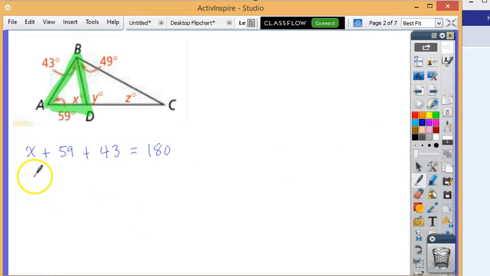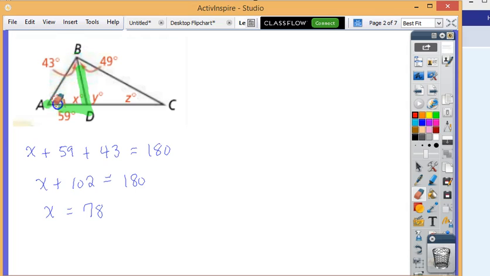I combine like terms: 59 plus 43 is equal to 102. Then subtract 102 from both sides, and x is equal to 78 degrees. Does that make sense?